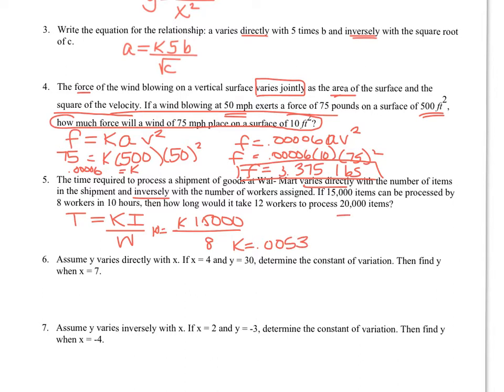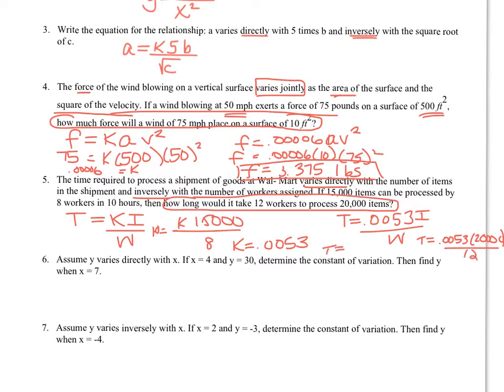Now I have T equals 0.0053 times I over W. Now it says, how long would it take for 12 workers to process 20,000 items? So I would do T equals 0.0053 times 20,000 all over 12 workers. Type that in. T equals 8.9 hours.